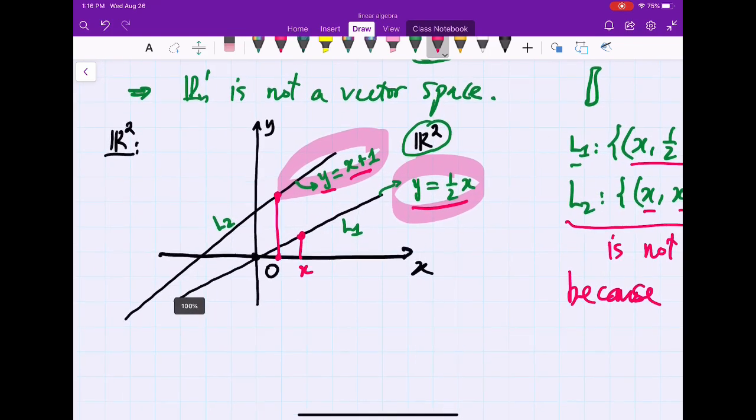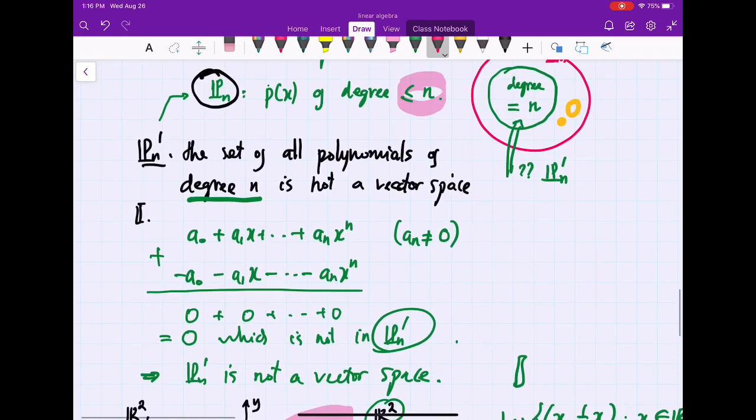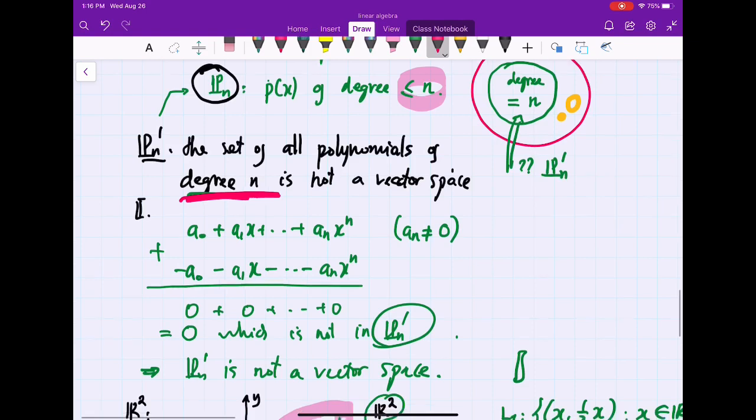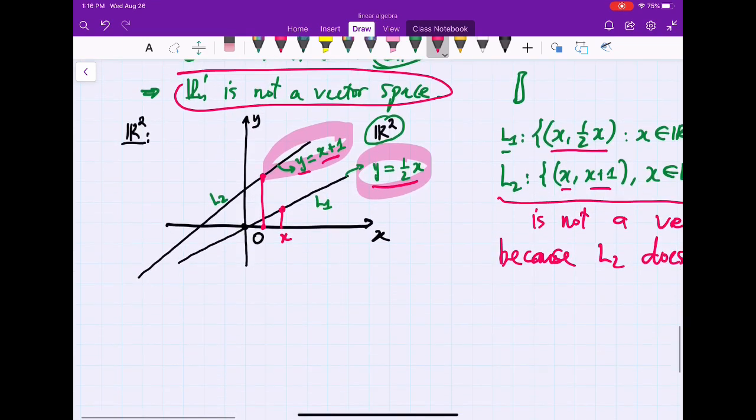So if you look at this picture, right, and the example right here, you see? Because this set is not a vector space because Pn prime does not contain 0 polynomial, which is vector 0, right?